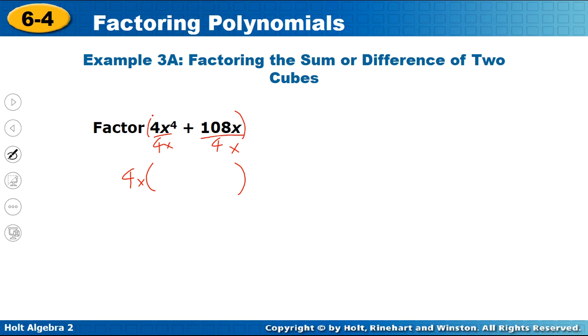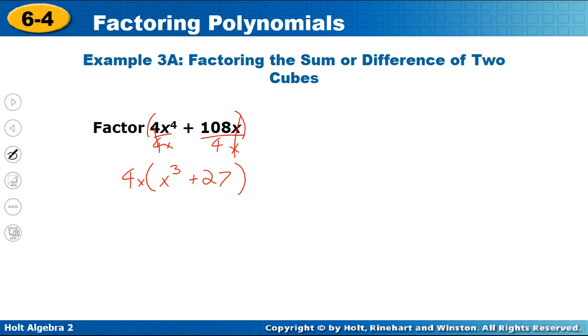So the 4x will come out, which will leave the first term, since the 4 is gone and I've taken the x away, which is x to the third. And for the second term, 108 divided by 4, the x's will cancel. So 108 divided by 4 is 27. So I factor the GCF.